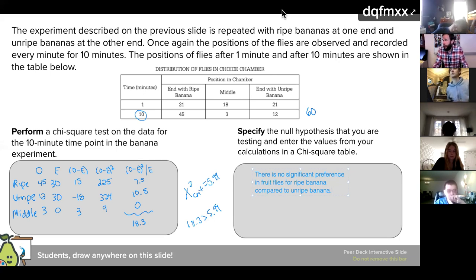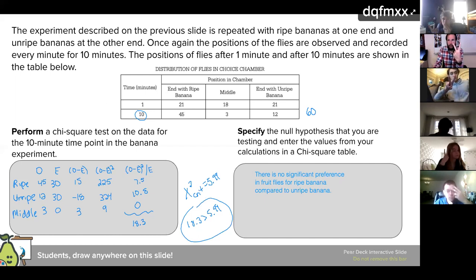With a calculated value that's greater than our critical value, what can we do with that null hypothesis? Can we accept it? 1, reject it? 2. Or chat works.